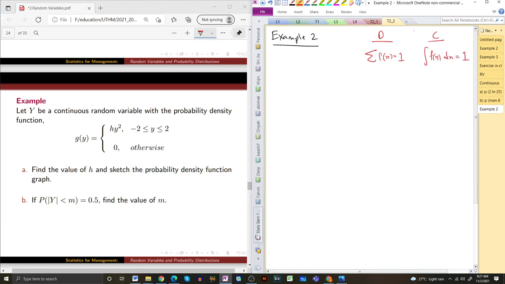So in discrete we use this one, in continuous we use this one. Find the value of h. Sketch no need, ignore the sketch. Find the value of h from -2 to 2.